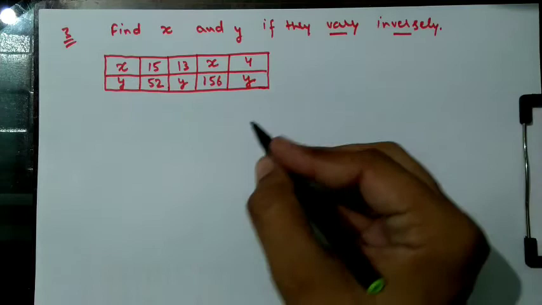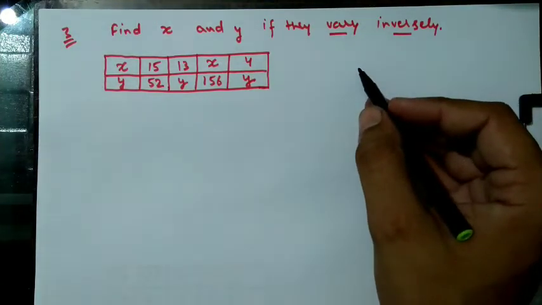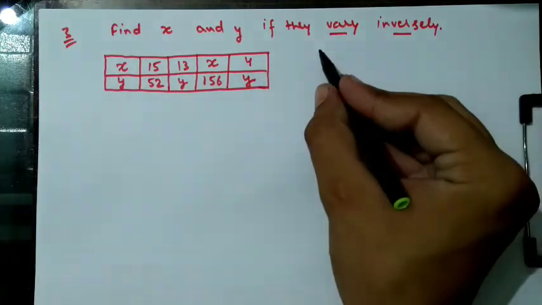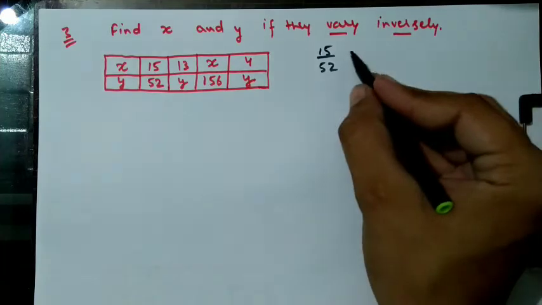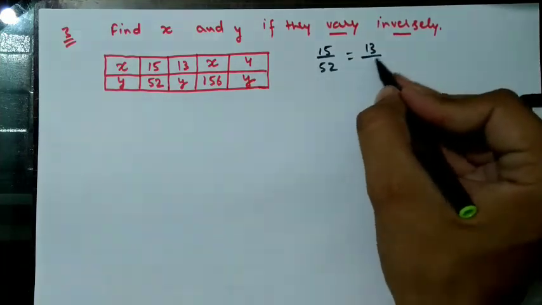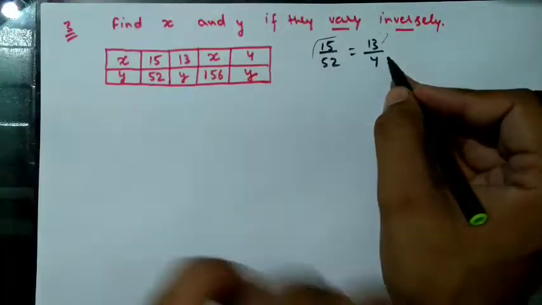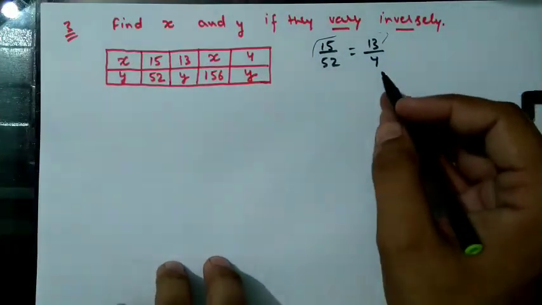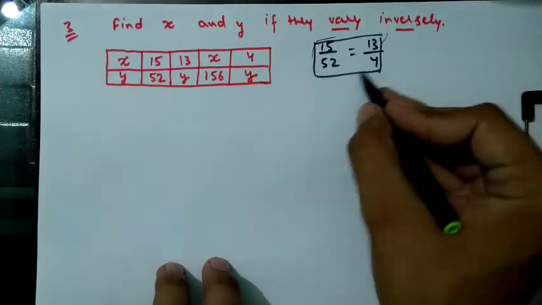In the case of direct variation, you found the value like this. You write 15 upon 52 is equal to 13 upon y, and you get the value of y by cross multiplication. But in this case the concept changes.